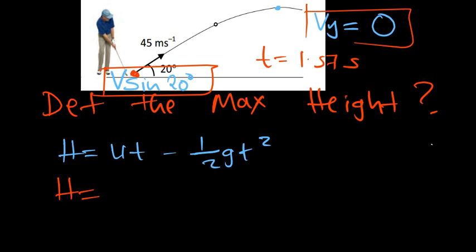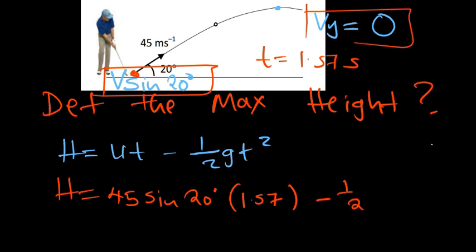It's v sine 20 degrees, which is 45 sine 20 degrees, and then the time is what we've just found to be 1.57. Okay, and then minus half 9.8, the time again is 1.57, and then squared.